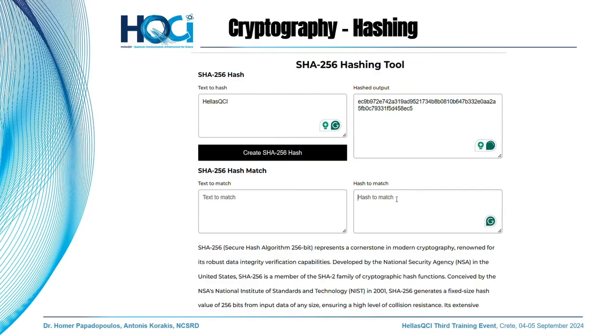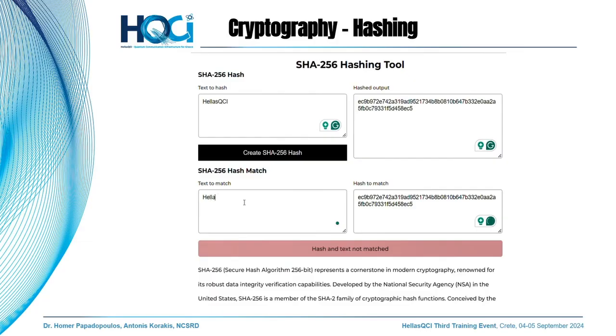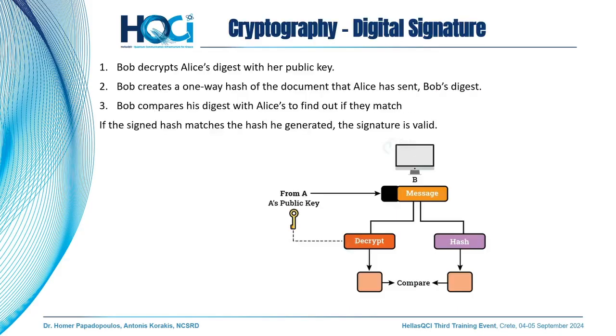This is how, in practice, the system is working. If the text is on the other side, on Bob's side for example, we put the same text, and we get the hash from Alice, this should match, because they are using the same algorithm.